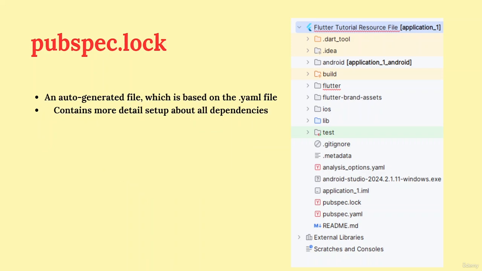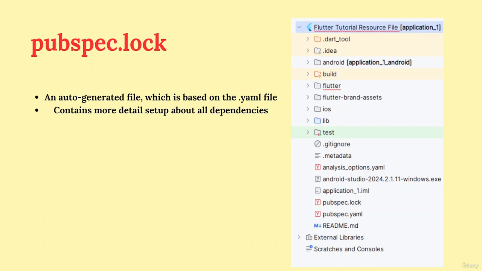Now let's go back to the pubspec.lock and see its features. This is also an auto-generated file, all the content inside it is auto-generated, and it is based on the YAML file.